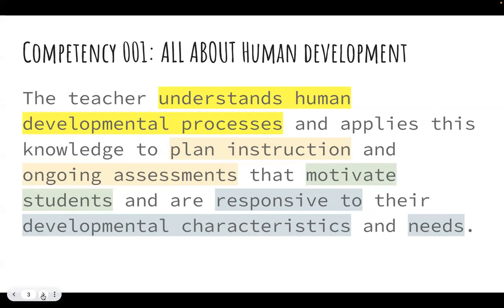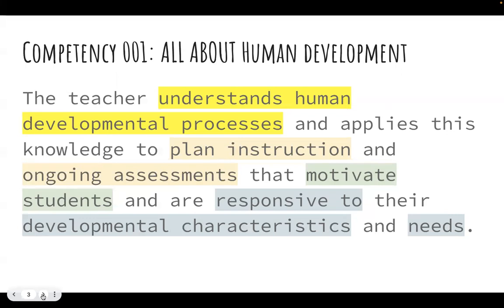You know, they're growing and developing, and there are particular characteristics, indicative behaviors of different stages within the human developmental process. And it behooves us to not only know these things, but understand how to apply that knowledge of the developmental process of humans into our instruction, into our assessment and our activities.